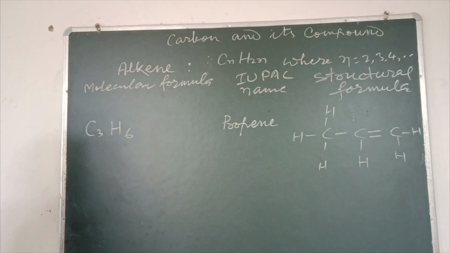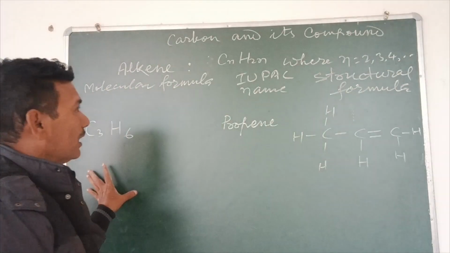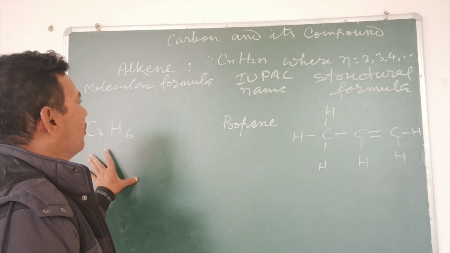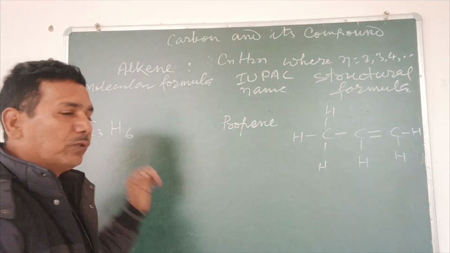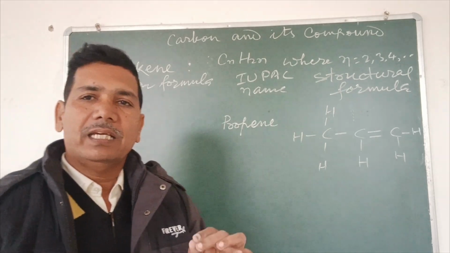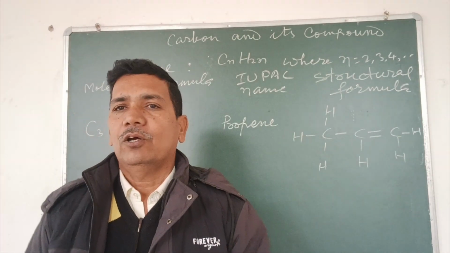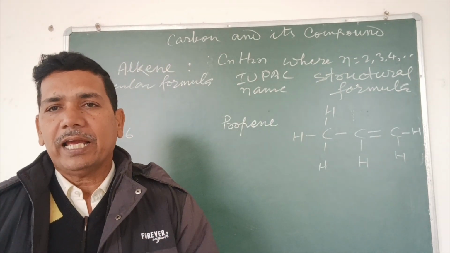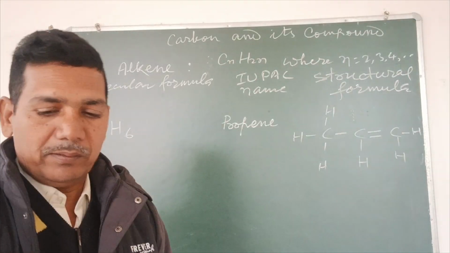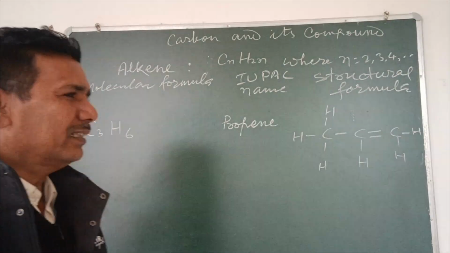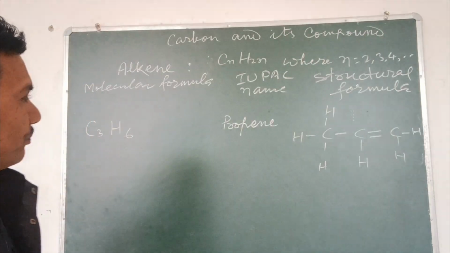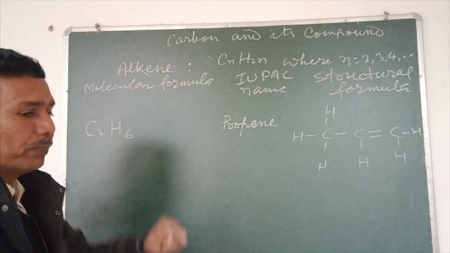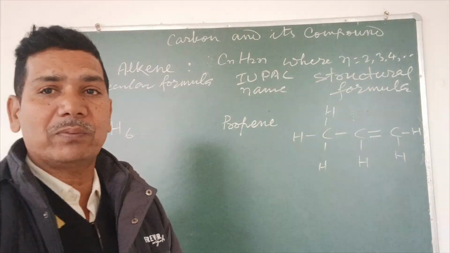In this manner, we will write other molecular formulas like butene, pentene, hexene, heptene, octene, nonene and decene. But up to class 10, it is sufficient to write up to 5 carbon atoms. This group is not a saturated hydrocarbon.